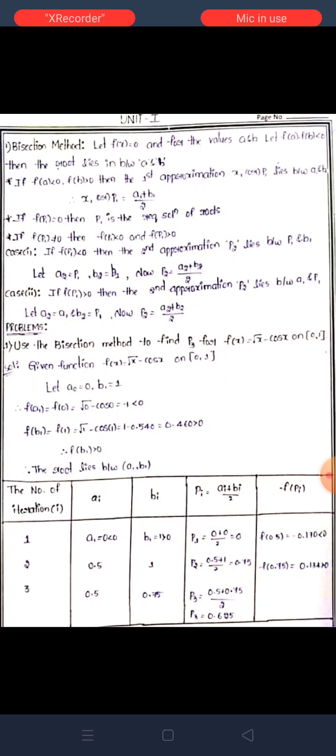This is equal to 0.5 plus 1 by 2 is equal to 0.75. f of 0.75 is equal to 0.134. This is greater than 0. Next, put i equals 3.